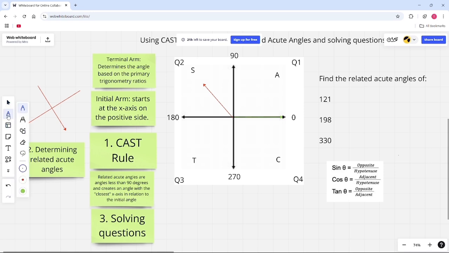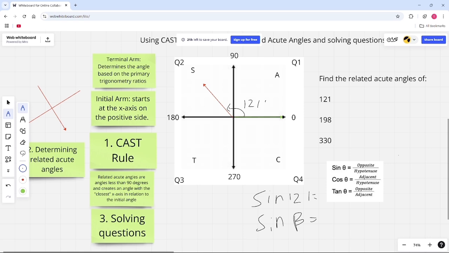121 degrees. So if we draw our initial angle of 121 degrees, our related acute angle has to be less than 121, but it also has to be in relation to its initial angle, which means if I put sine 121 and then sine beta as our related acute angle, their outputs will be both positive as well as having the same numerical value.